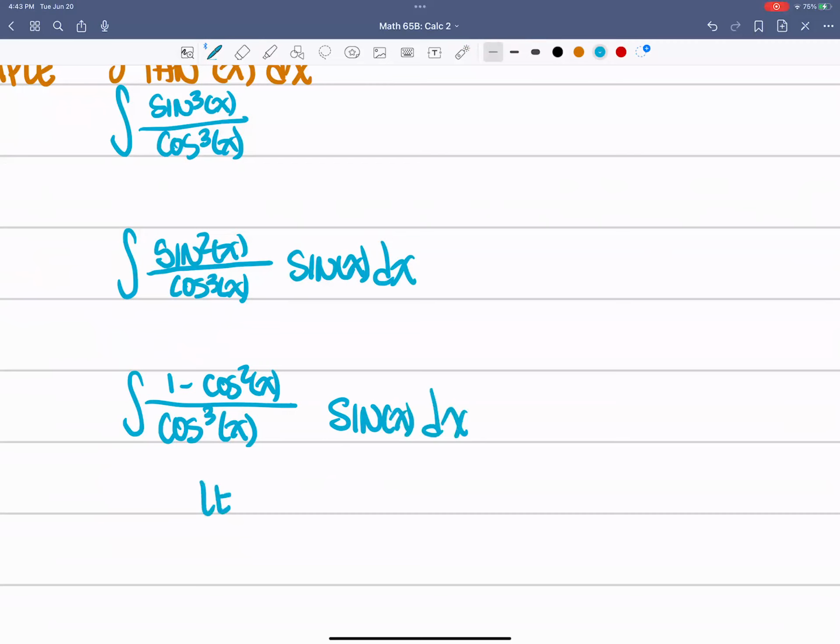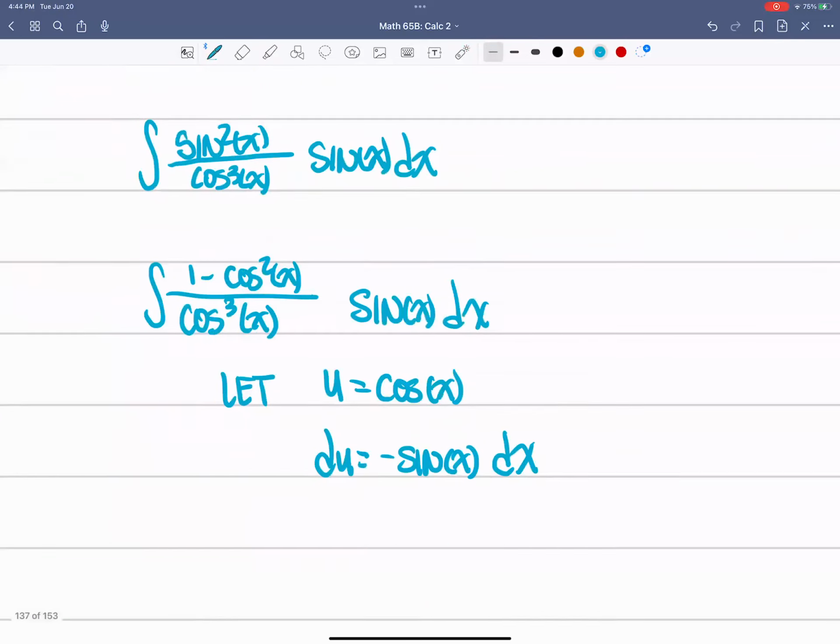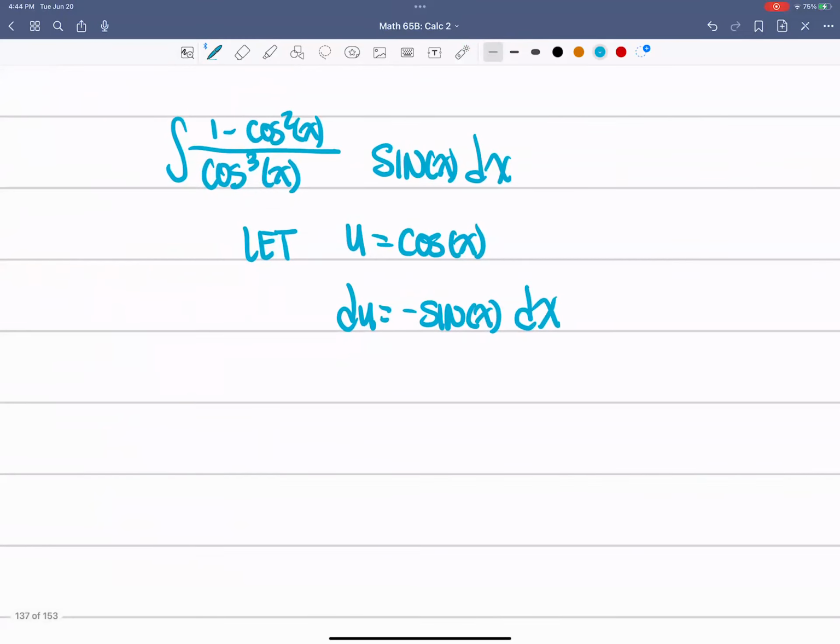So now we're going to let u equal cosine x, du equals negative sine x dx. And let's do this. So we have 1 minus u squared over u cubed du.